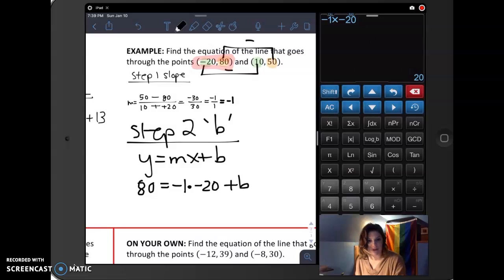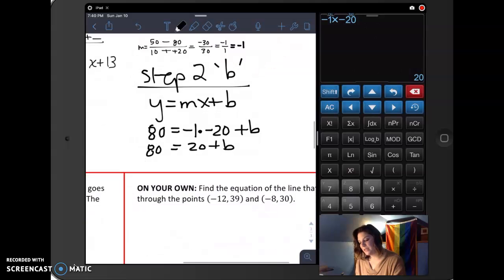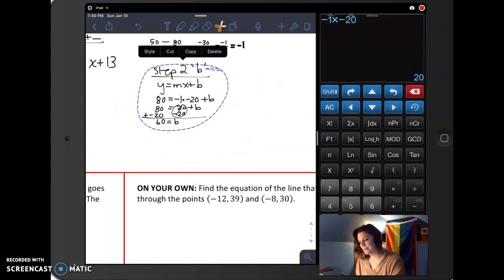I didn't really need my calculator for that, but I wanted to make sure that we know that's an option. And then we're going to solve for b. So we got minus 20, and we know that means that 60, adding top to bottom, becomes 0. 60 is equal to b.